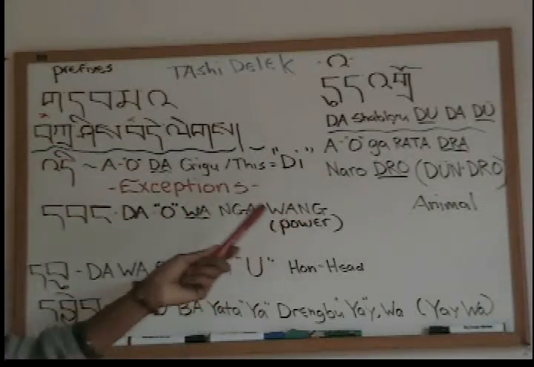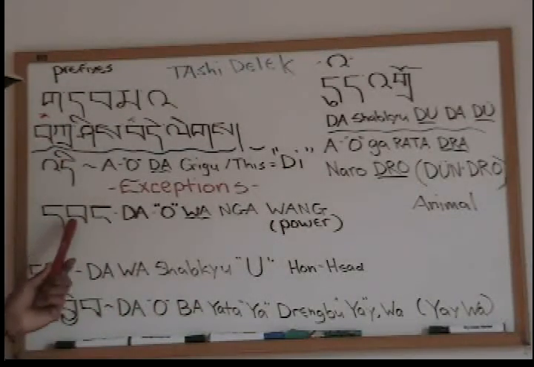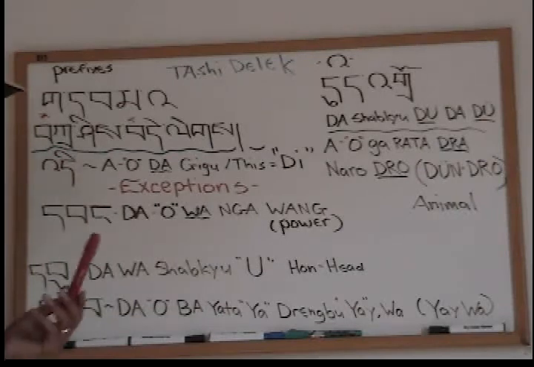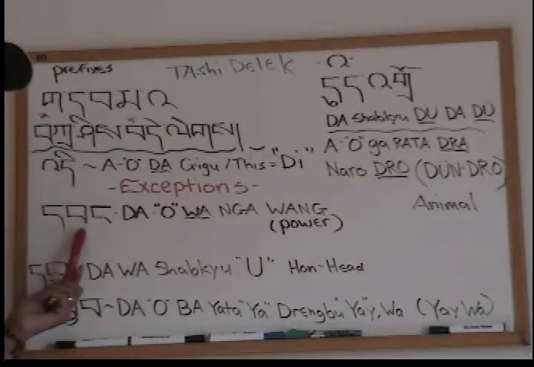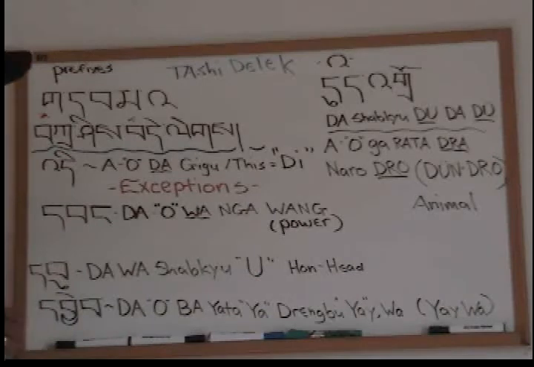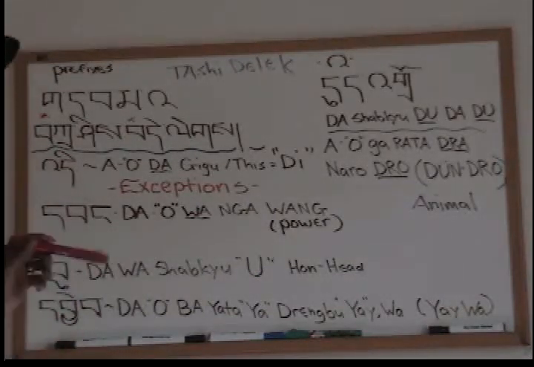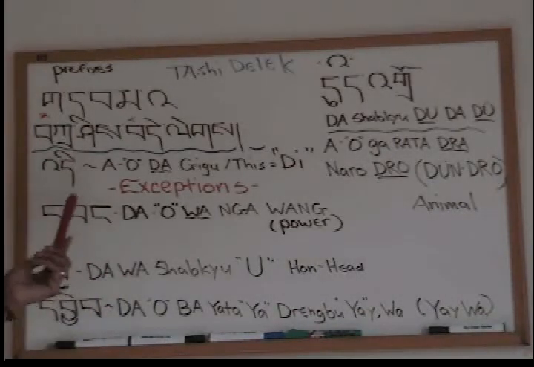Wang means power. So it's wa here. This is an exception. When you have this da before this ba, the ba is going to be enunciated as a wa, but make sure it doesn't have a vowel or a subscript. When it's naked like that, it's going to be wa.